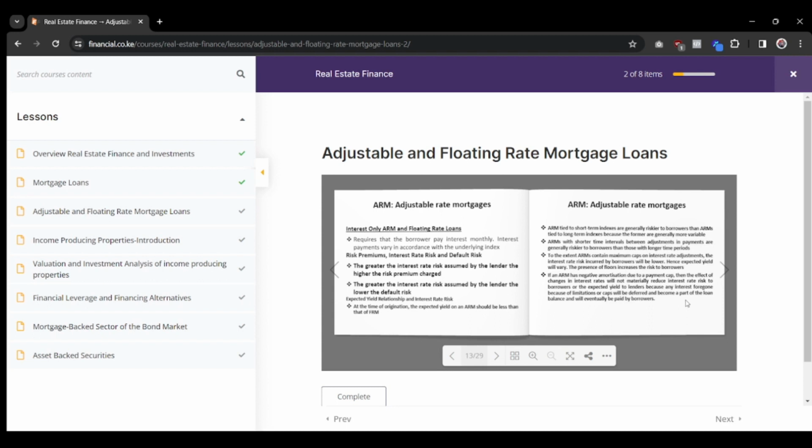If an adjustable rate mortgage has negative amortization due to a payment cap, then the effect of changes in interest rates will not materially reduce interest rate risk to borrowers or the expected yield to lenders, because any interest forgone because of limitations or caps will be deferred and become a part of the loan balance and will eventually be paid by borrowers.